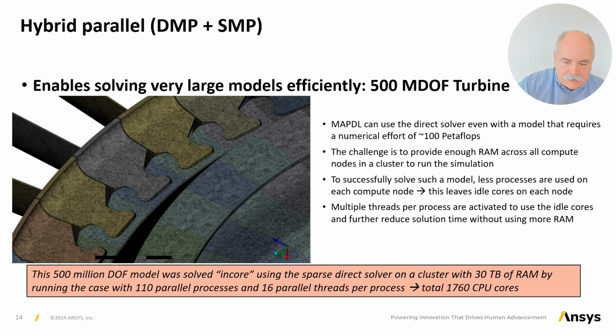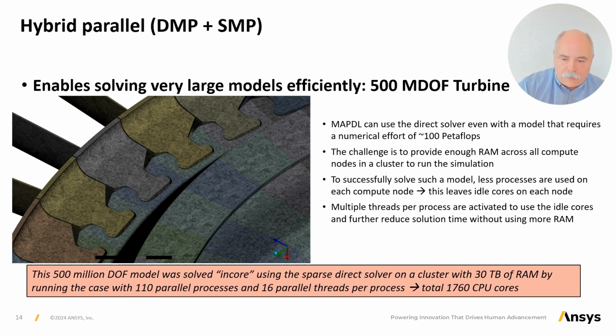And we organized the hardware in the way that we had 110 parallel processes running 16 parallel threads, simply because although having 30 terabytes of memory is quite a bit, it would not be enough to run a case of this size without paging to hard disks, meaning running this in core was only possible with running multiple threads and reducing the number of parallel processes.